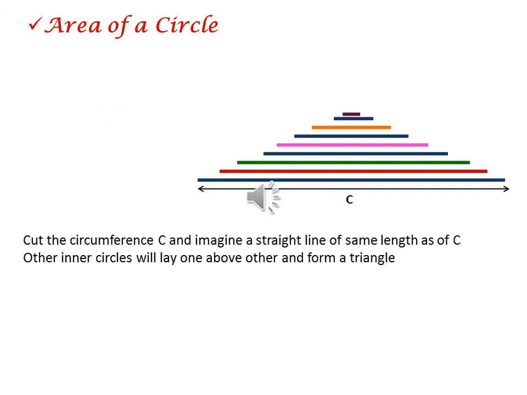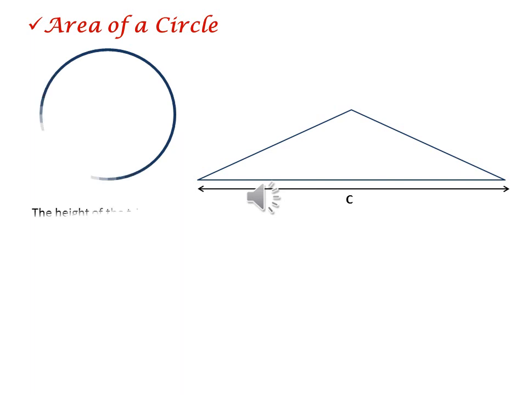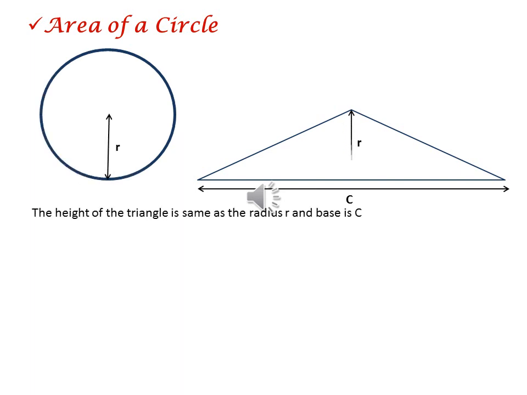So now we see that a shape of triangle is forming, and we are having a triangle with base C, and the height of this triangle is equal to the radius of the circle, that is equal to R. So the height of the triangle is same as radius R, and base is C, that is circumference.